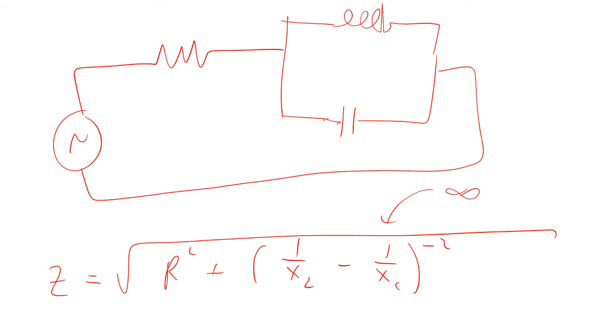It passes current above resonance and below resonance, but no current at all at resonance. The minimum current is going to be there. Maximum current is going to be at really high frequencies or really low frequencies. But at resonance, no current flows. So we sometimes refer to this as an anti-resonant circuit.